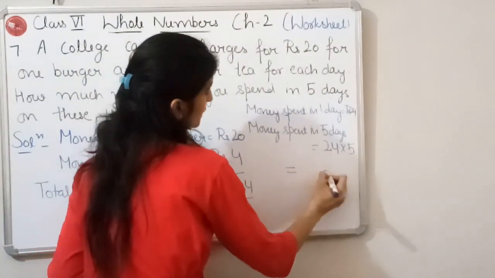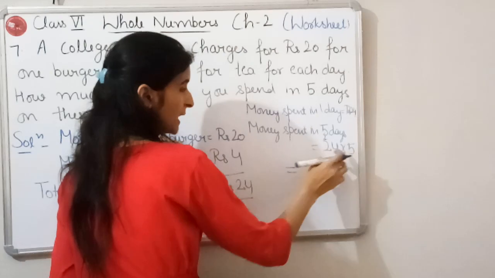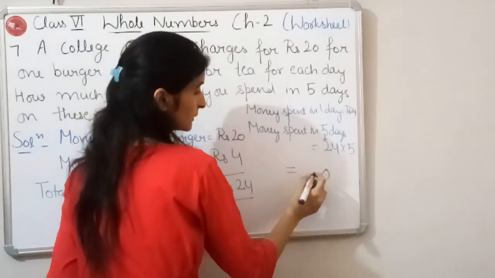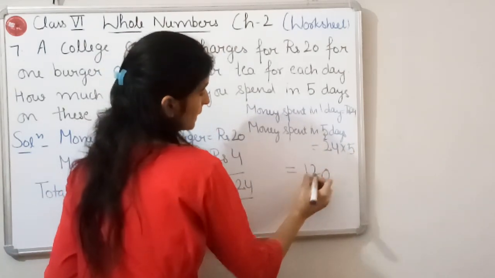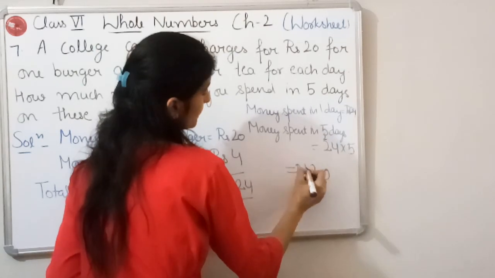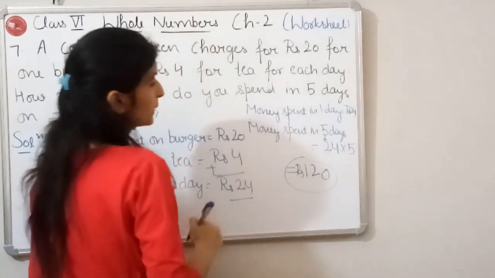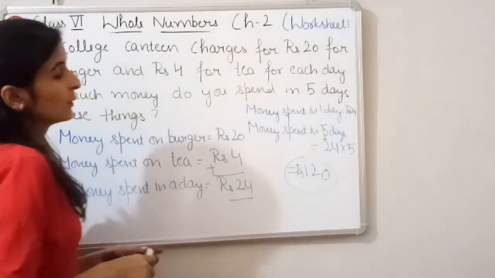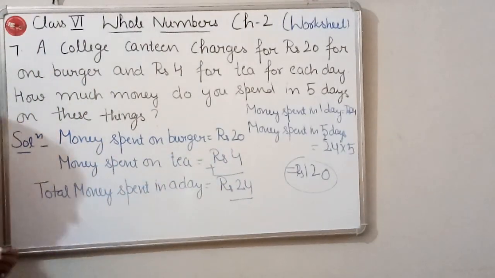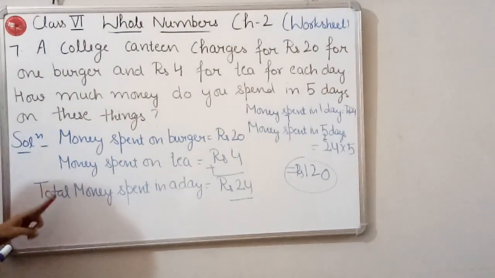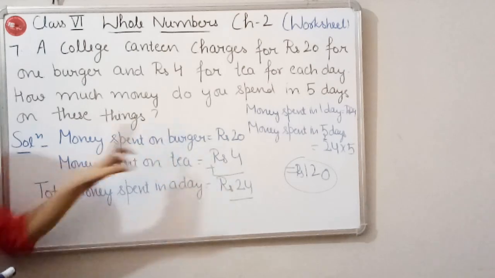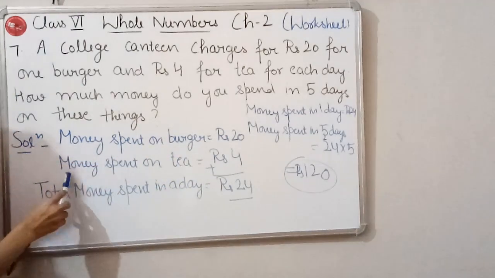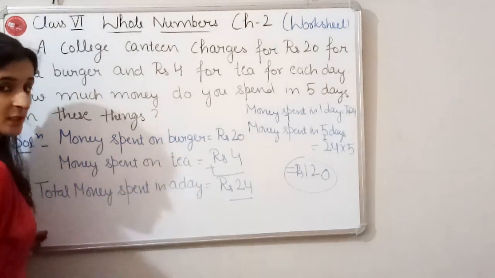So 5 4s are 20, 2 carry, 5 2s are 10 and 2 12. So ₹120 we are spending in 5 days. Okay children. So firstly we have written money spent on burger, that is ₹20. Then money spent on tea is ₹4.